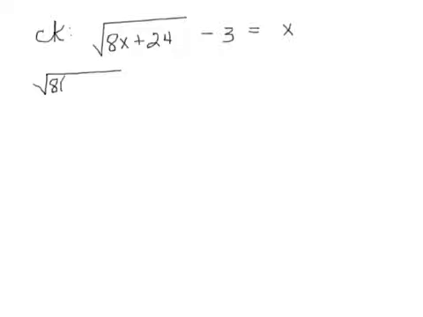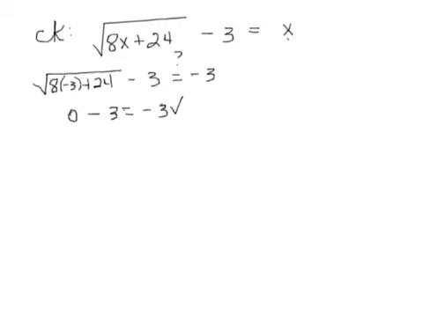So 8 times negative 3 plus 24 minus 3, is that equal to negative 3? Because we have to substitute in this x also. So negative 24 plus 24 is 0. So that's 0 minus 3, and that is equal to negative 3, so that one checks.